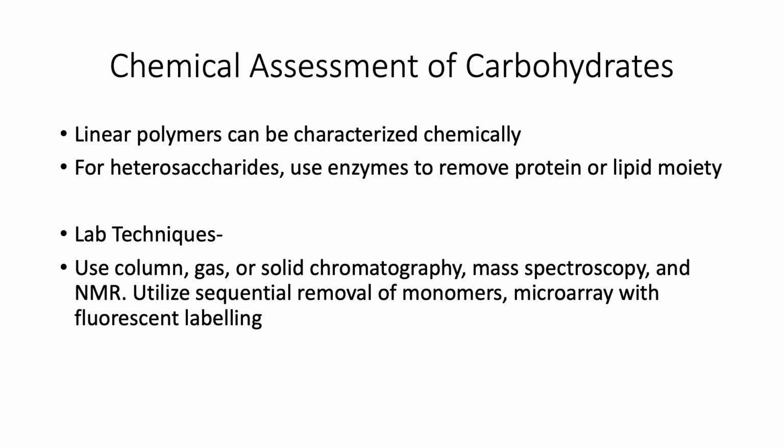And for the lab techniques, again, the overlap with organic chemistry is pretty clear here. You can use column, gas, or solid chromatography, mass spectroscopy, and nuclear magnetic resonance study. And you can utilize sequential removal of monomers, and you can do microarrays with fluorescent labeling to further characterize the carbohydrate under consideration.